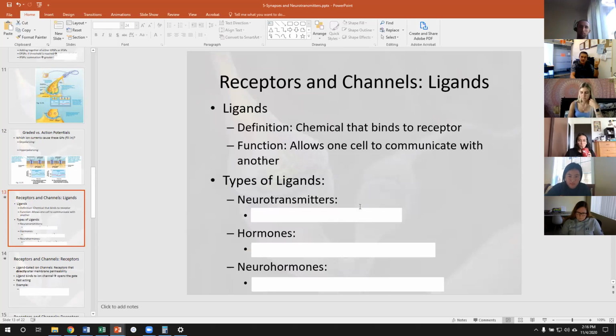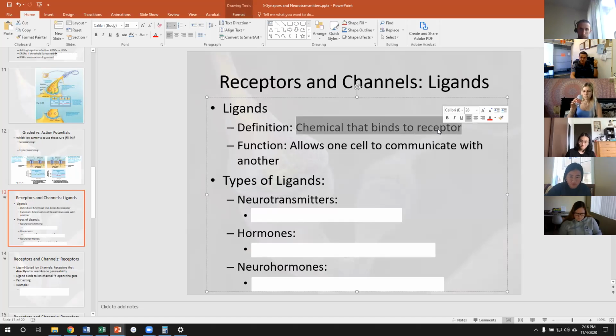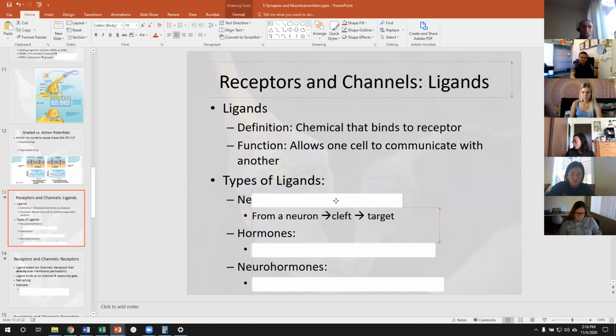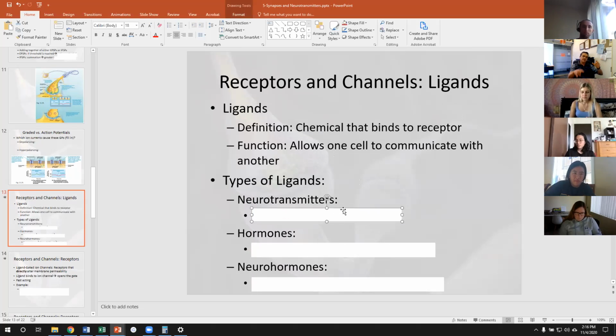One option is a ligand-gated ion channel. A ligand is just a chemical that binds to a protein, a receptor. There are really three different types in the body that we would use. One would be a neurotransmitter, something released from a neuron, going through that space and binding to the target tissue, which opens it up.